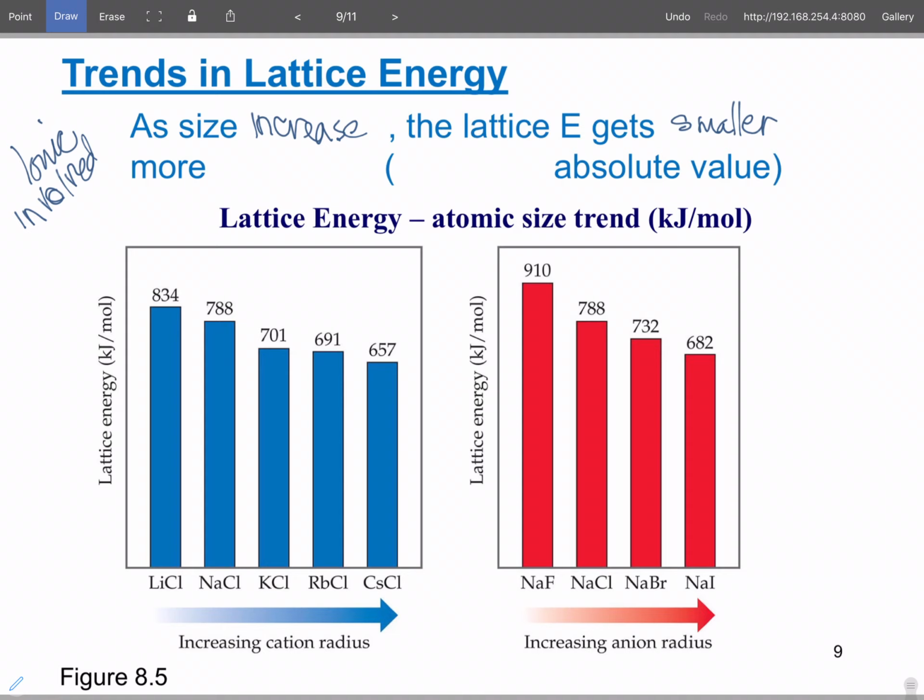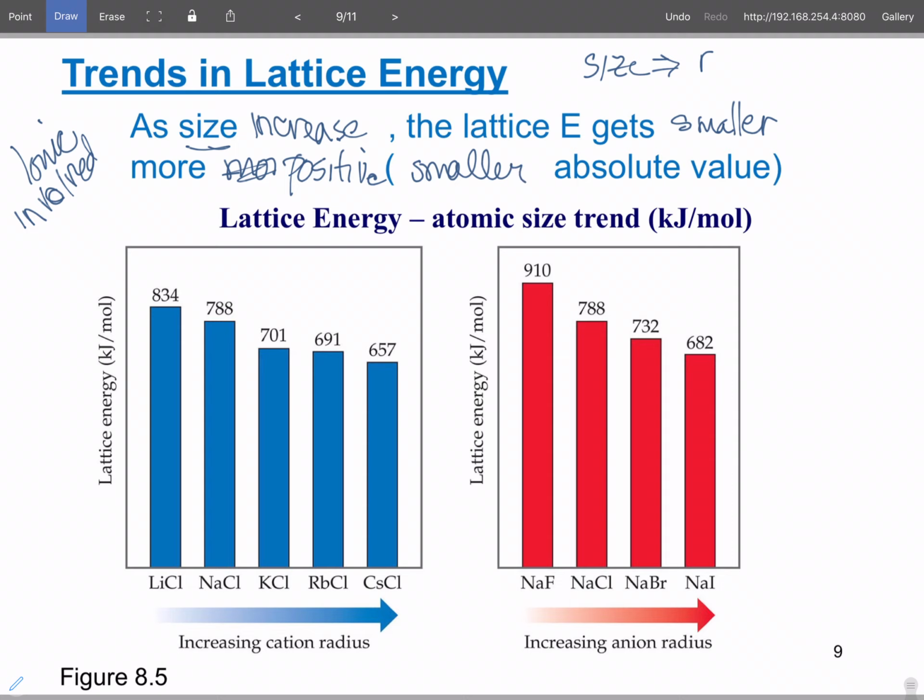We're actually talking about the size, because when we're talking about size, the size is really the R, the distance in between the two nuclei. So basically, remember, lattice energy tends to be negative, so it's more positive. Okay, that means it's a smaller absolute value.